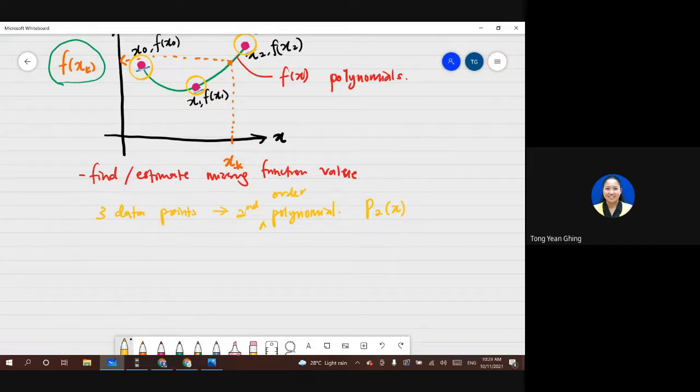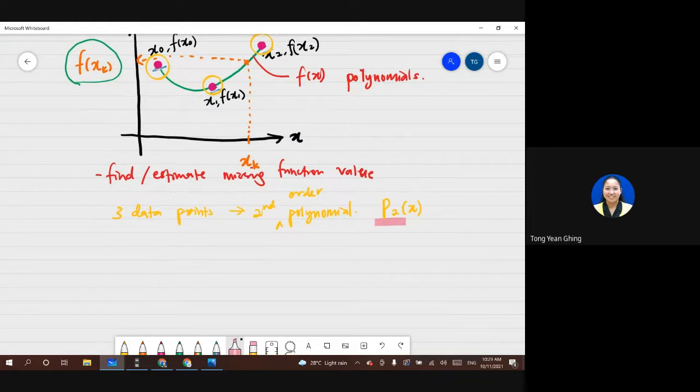So how do we define what order it is? When we want to find the polynomial that goes through all the data points, we look at how many data points there are to see the order of that polynomial. For example, this one has 3 data points.